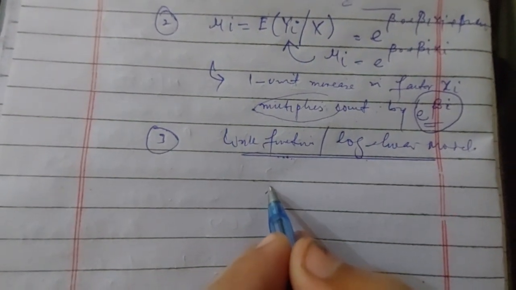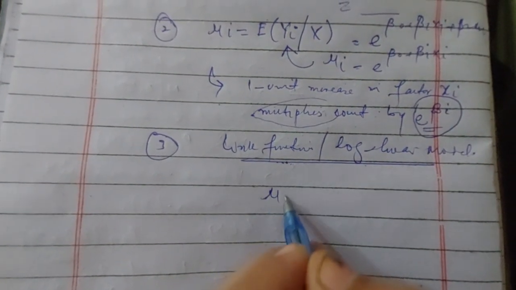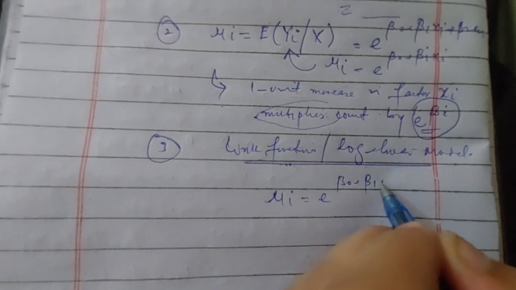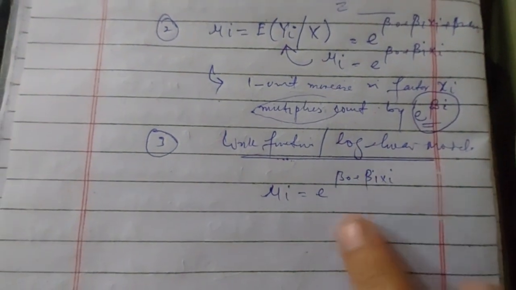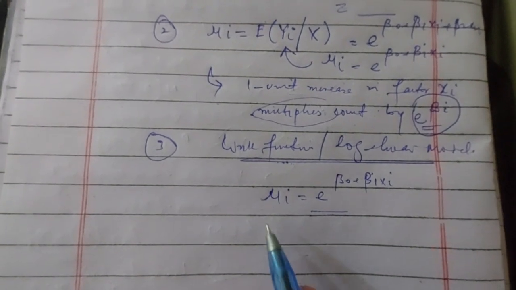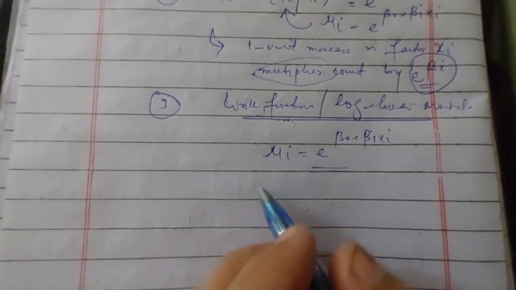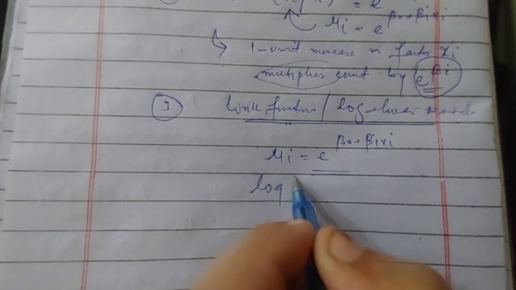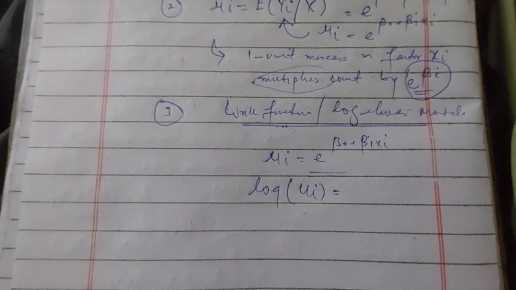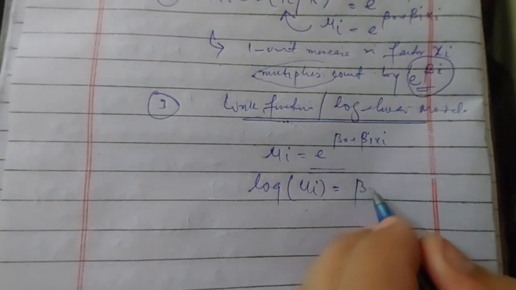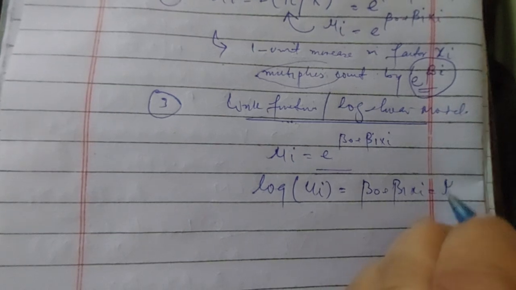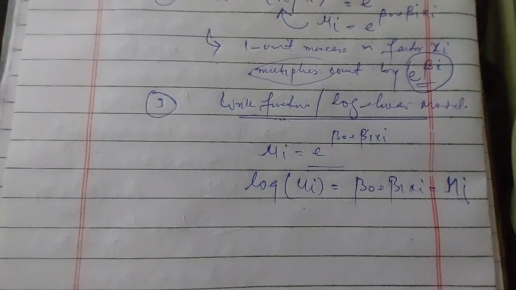We have the expected value, or the mean, equal to e raised to power of the linear term, which is in a multiplicative form. In order to make it linear, we take the log of both sides. It converts it into a linear model, which is also called the linear predictor.